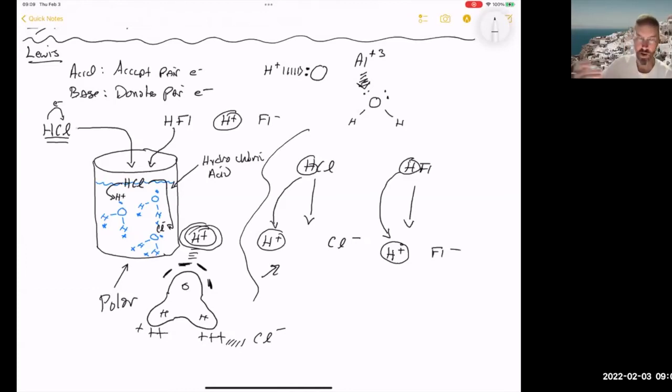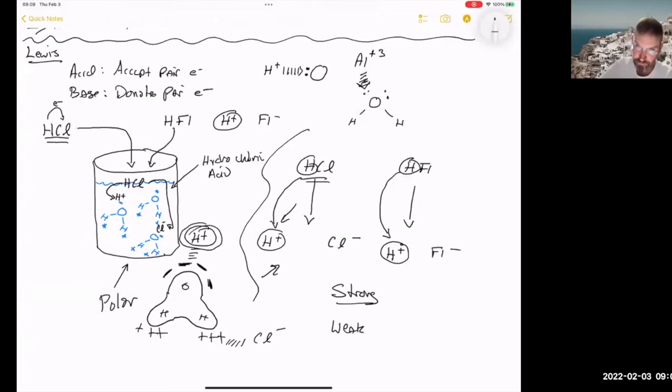So if this over here is a little easier to understand, it's just as correct. Either way, as long as you understand that the molecule is giving off hydrogen ions, that's what makes it an acid. All right. Now, with that in mind, there are different kinds of acids. There are what we call strong acids and what we call weak acids.